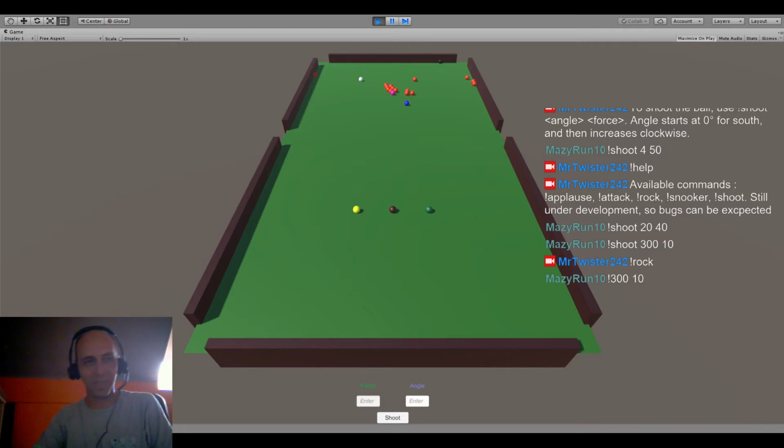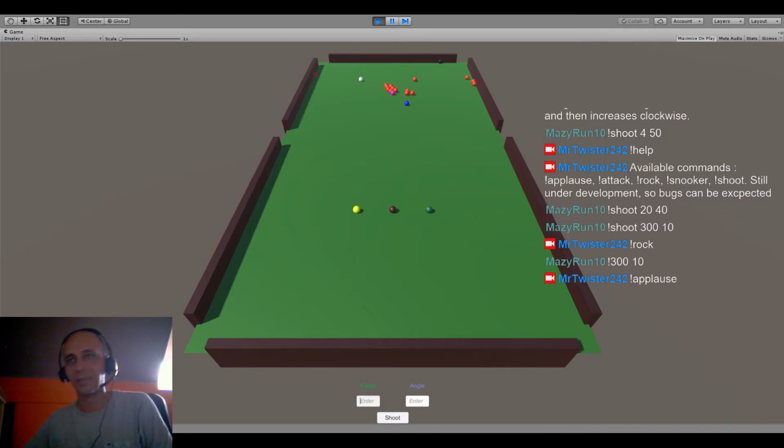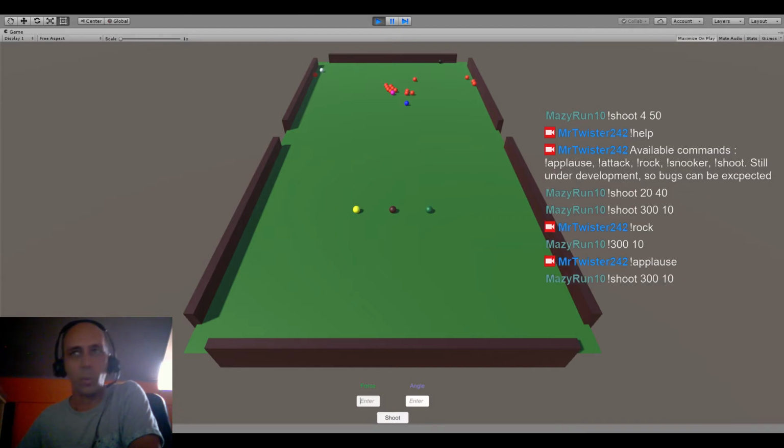Seems to be working. The only issue, and that's something I'll have to look into, is that the commands only work when the Unity window is active. So when I activate the OBS window or my Chrome window, then nothing happens.